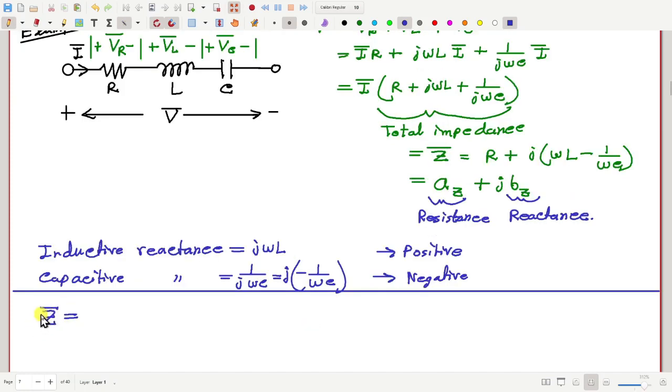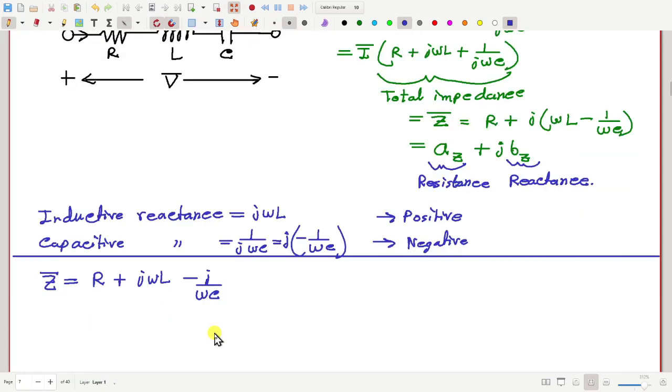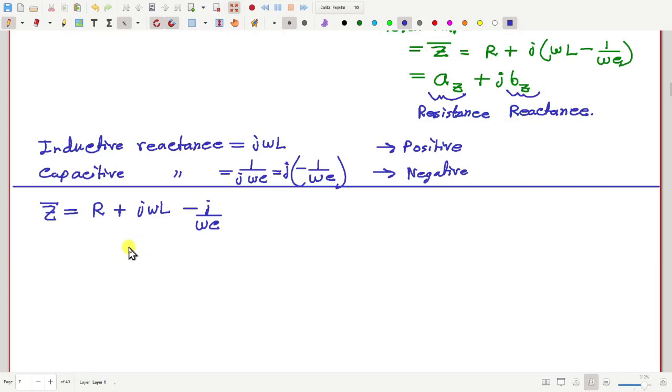Now, Z in this case we saw is equal to R plus j omega L plus minus j by omega C. So all these are in general complex numbers, and sometimes we can pictorially represent them in a complex plane. Suppose this is the real axis, this is the imaginary axis.